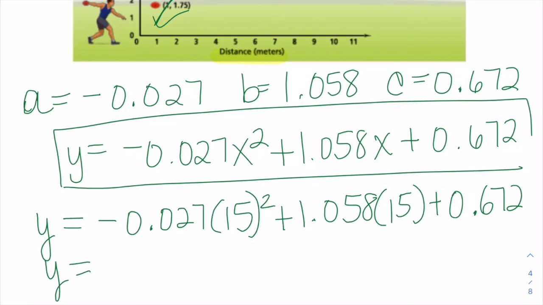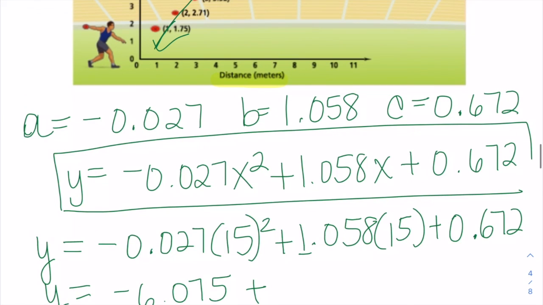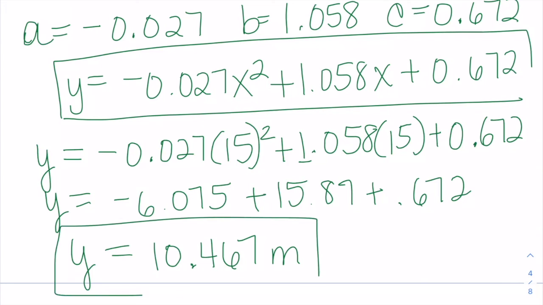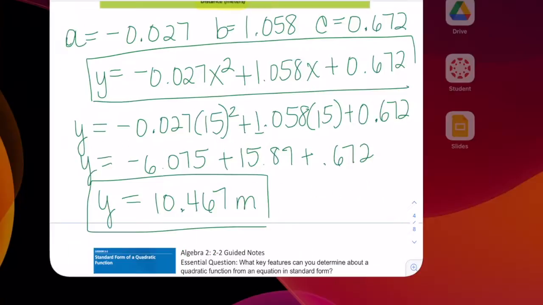So this equals negative 6.075 plus 15.87 plus 0.672. So the approximate height for Esteban's discus throw would be 10.467 meters.